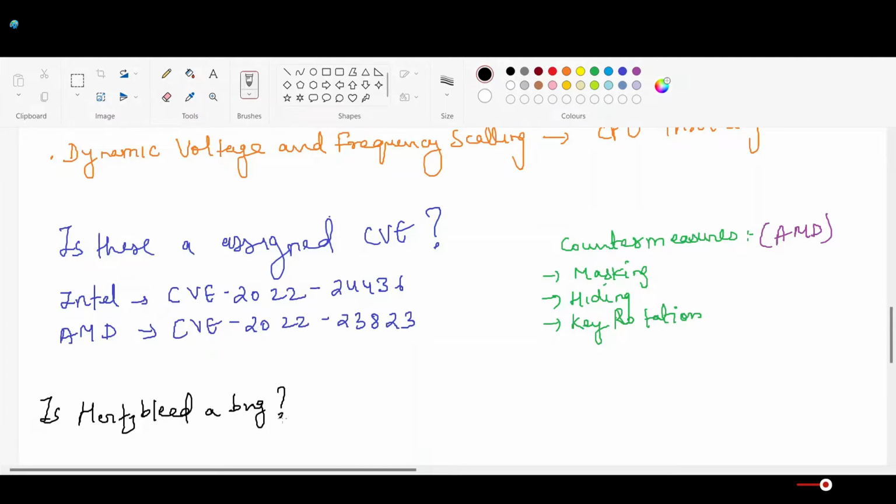The answer is no. The root cause of this attack is dynamic frequency scaling, which is a feature of modern processors used to reduce power consumption and to ensure that the system stays below the power and thermal limits set for that system. So no, Hertzbleed is not a bug.